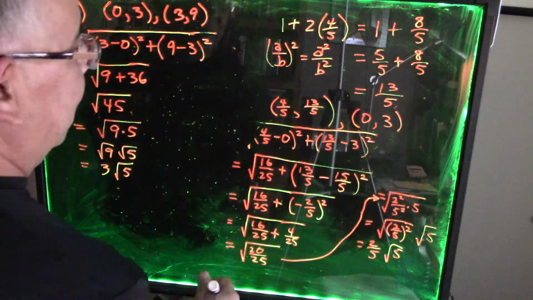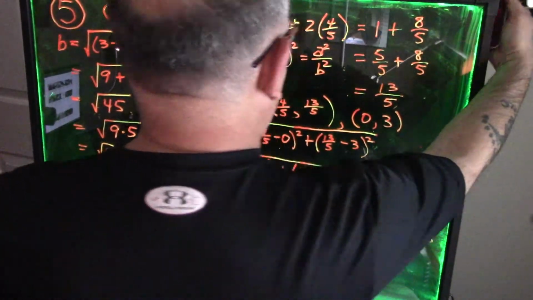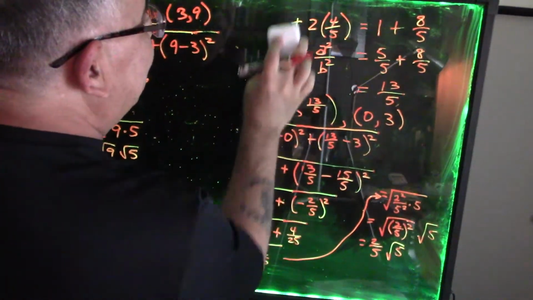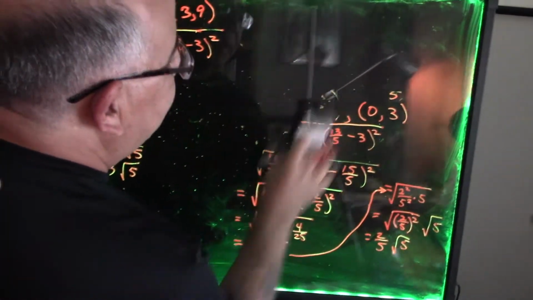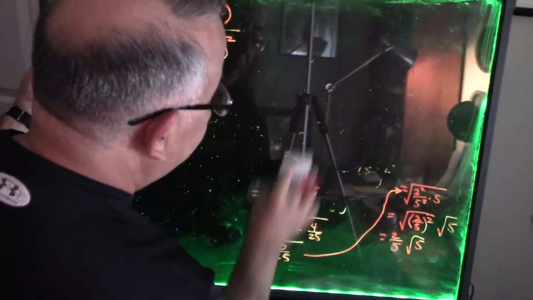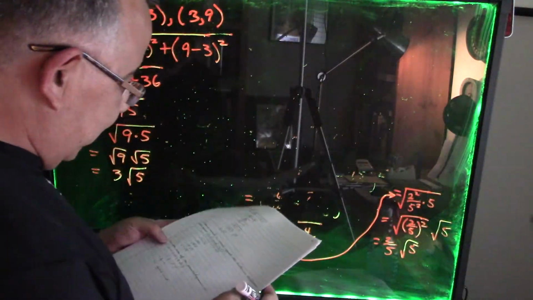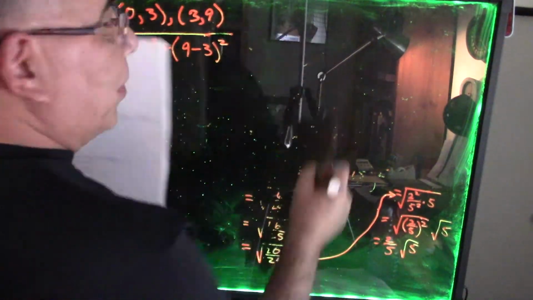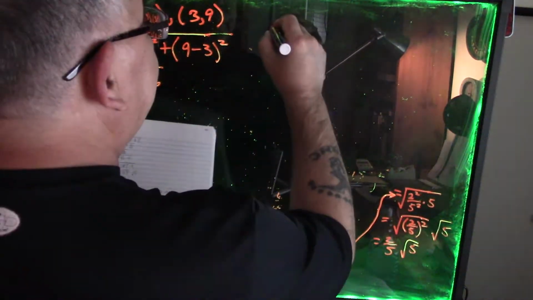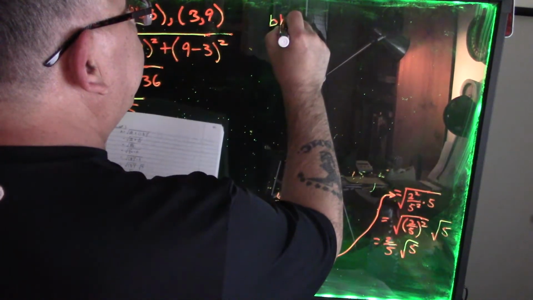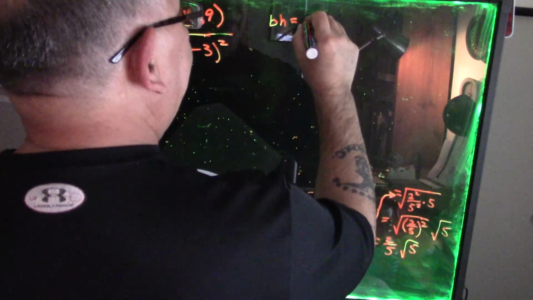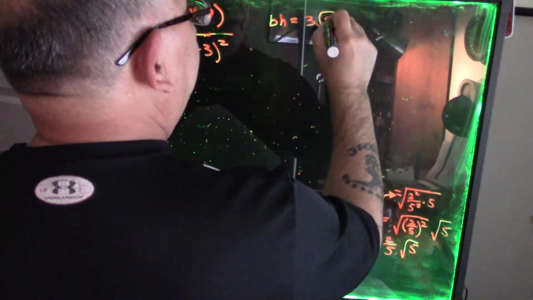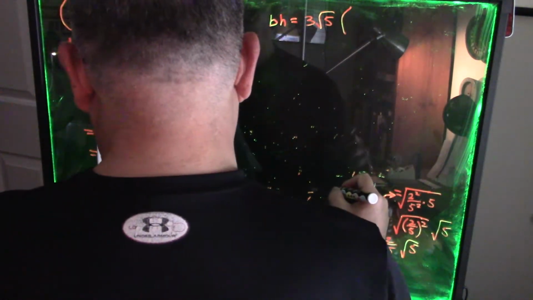Finally. Let me erase some more. Hold on. We'll get there in a second. Alright, so what's the area? It's BH, right? So that equals, B is 3 square root of 5 times H, that's 2/5 square root of 5.